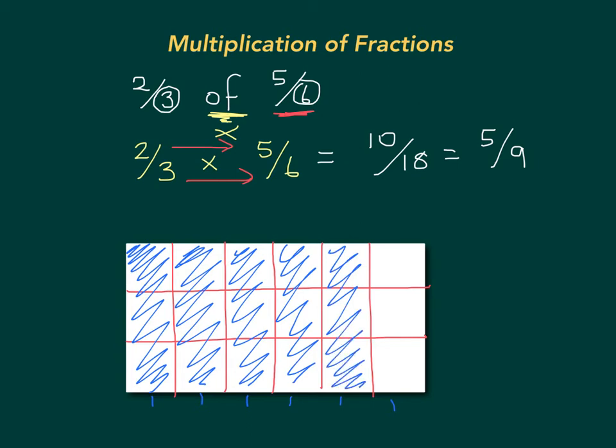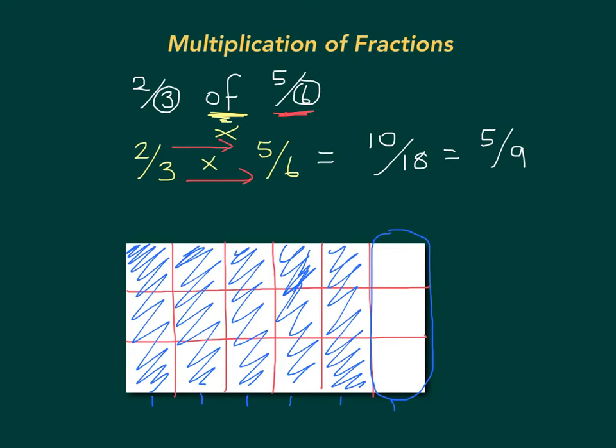Okay, so now we're only dealing with the blue section of this chocolate bar because we're only looking for 2/3 of this blue section. So we really ignore the other section for now because we don't care about it. We're just worried about our 5/6, and we're going to find 2/3 of that 5/6.